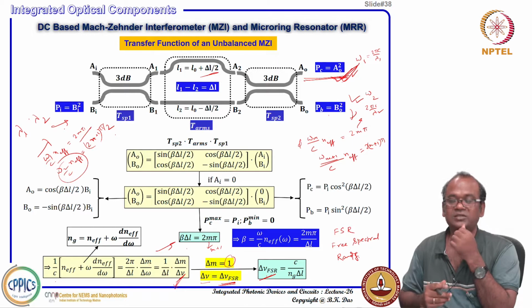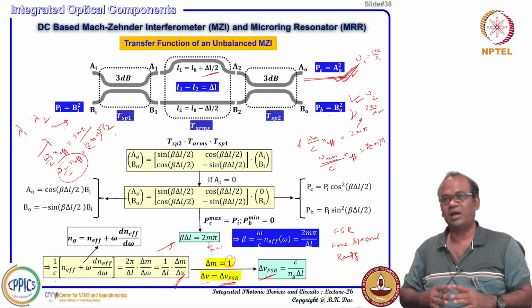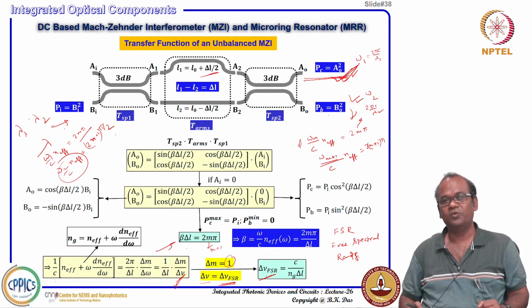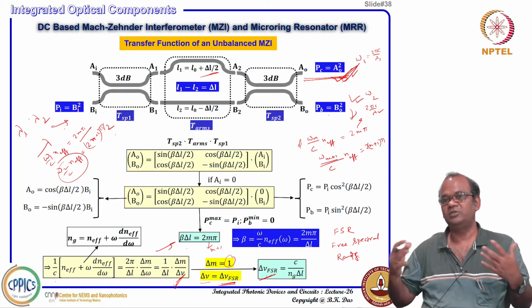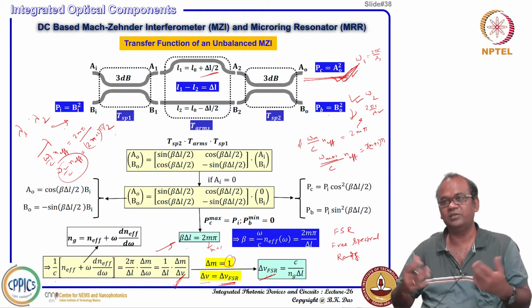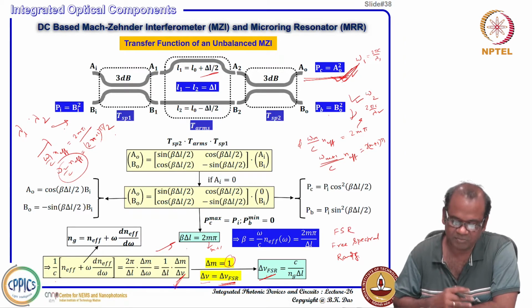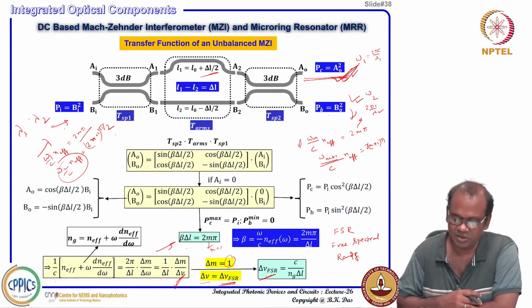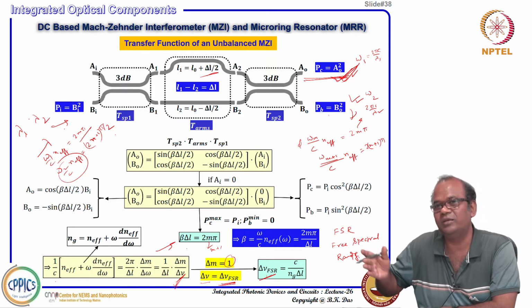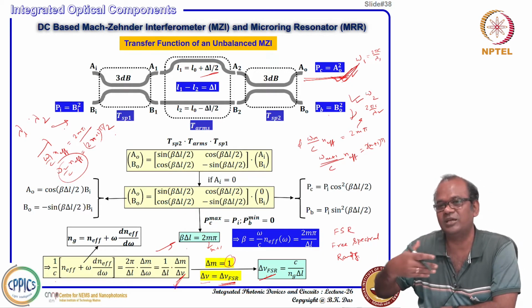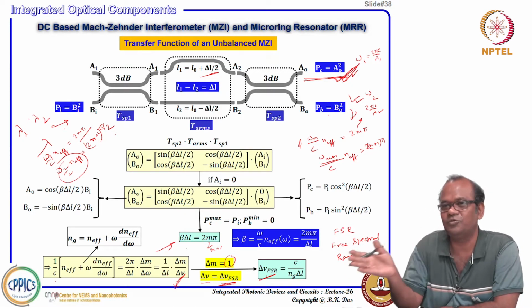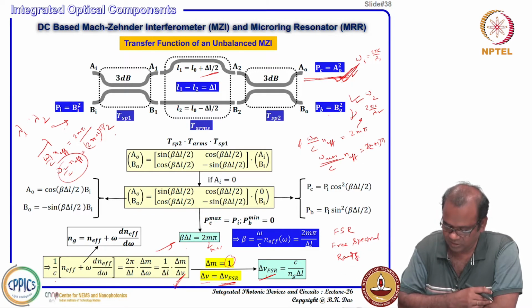This unbalanced Mach-Zehnder interferometer is a device you can design for wavelength demultiplexing. I will discuss in the next lecture how to design these demultiplexers, sometimes called interleaver structures. That means every alternate wavelength in a WDM communication system can be separated into two branches. That is the interleaver.